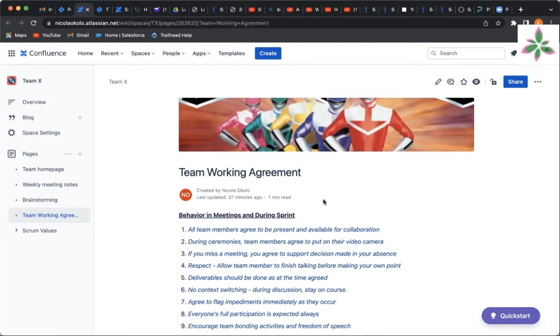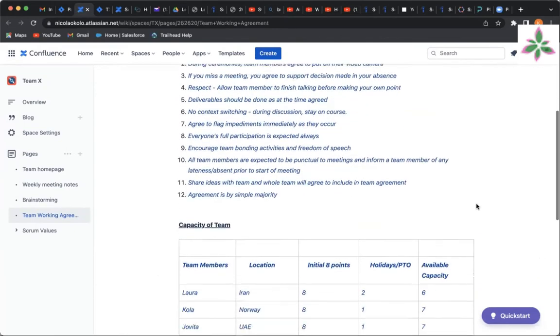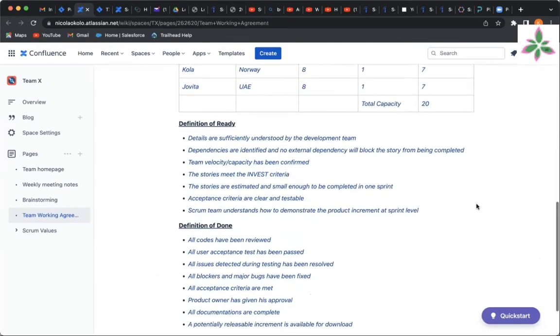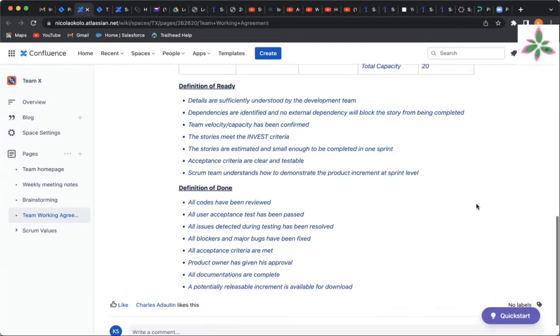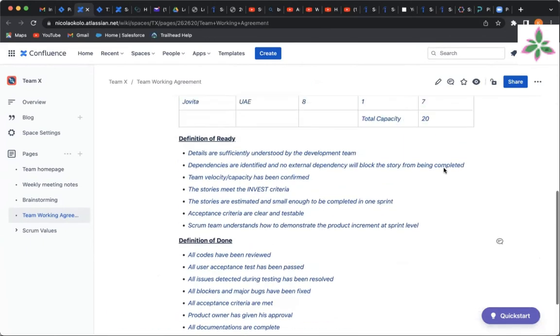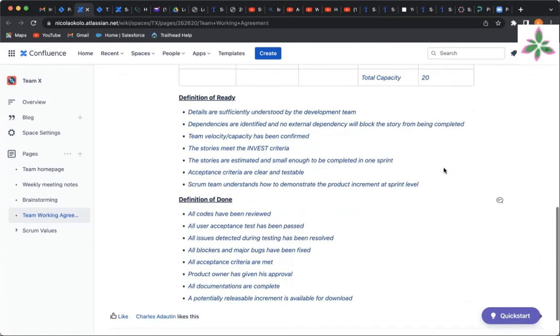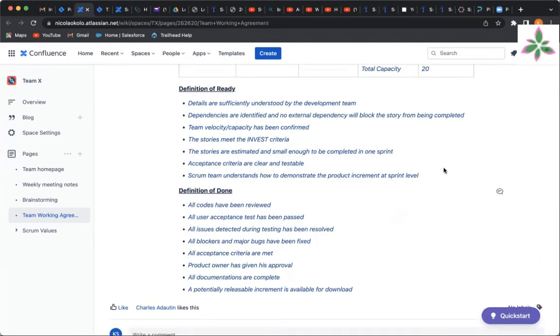Okay, this looks good. I'm okay with our DOD and DOR. Yes, good. I'm okay with it.